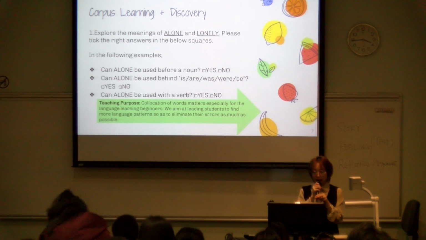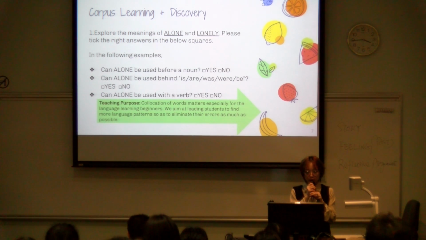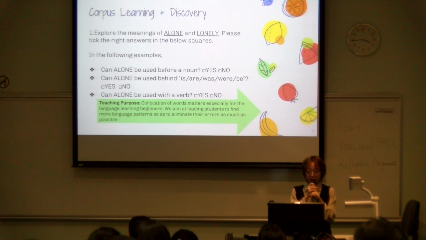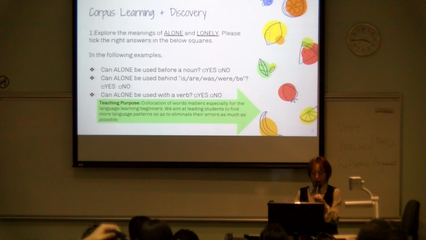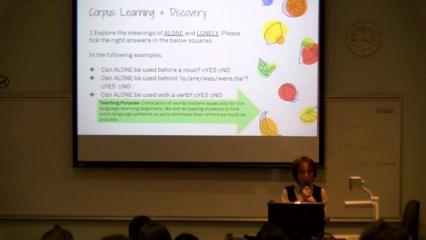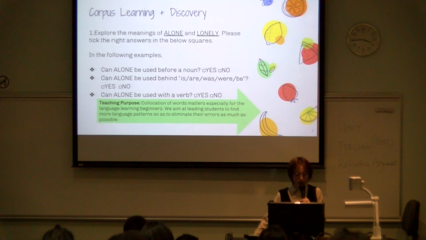It matters very much because language learning beginners may be confused and make mistakes when they make sentences. We invite students to find more language patterns by themselves using the online corpus, so that they can eliminate their errors as much as possible.